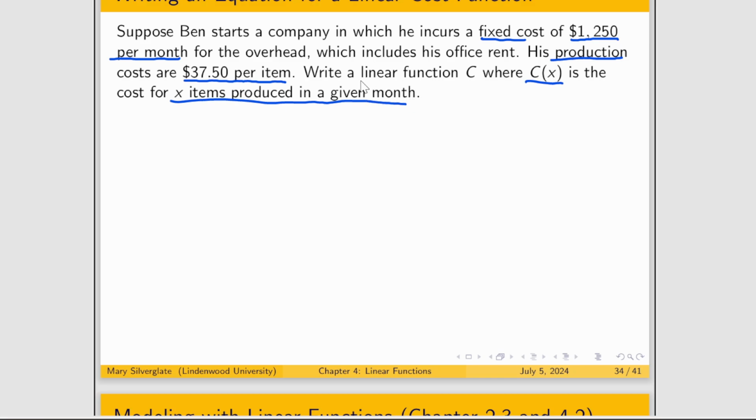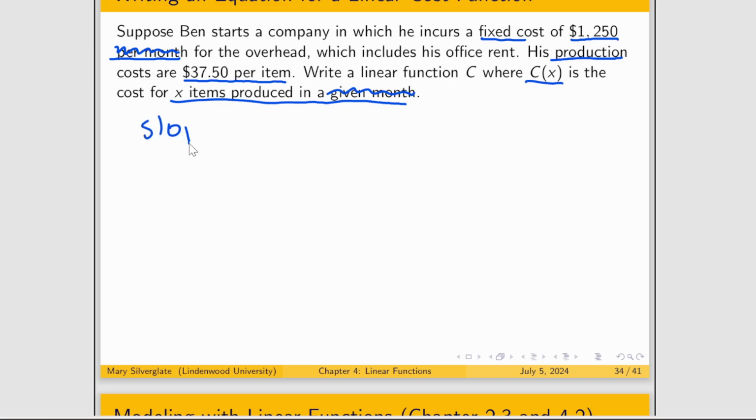Months is just a unit of time that we're only caring about here. So this per month is actually not super important for the sake of our problem. If we were looking at the year and then wanted to look at how much it changed per month, great. But the month is just the scenario, the setting, and it doesn't have any impact on our math because we only care about what happens in one month anyway.